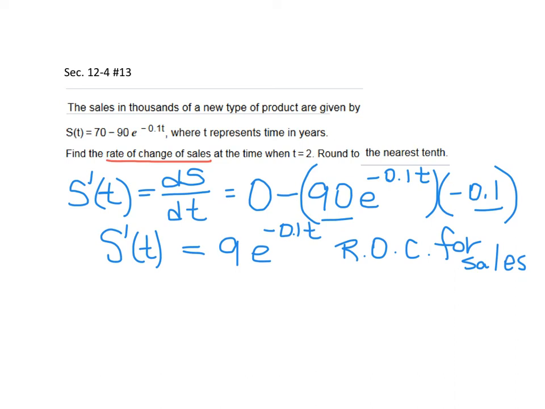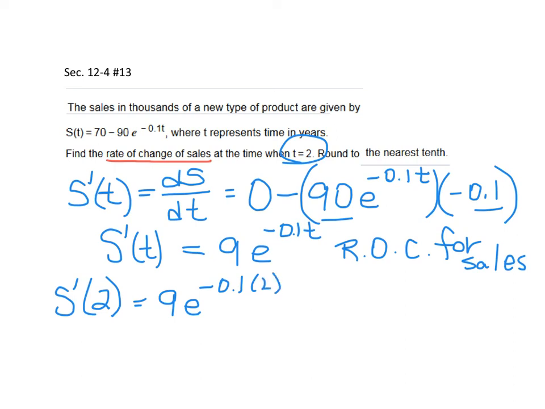And we're asked to find the rate of change for sales when t equals 2. So s prime of 2, which is 2 years after sales began, is equal to 9 e to the 0.1 times 2 power.